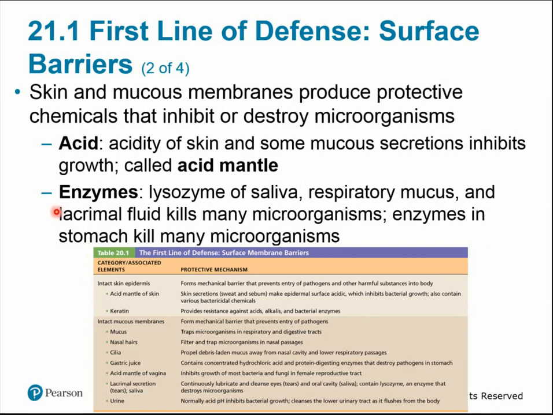Different enzymes, like lysozyme in saliva and respiratory mucus, and lacrimal fluid, your tears from your lacrimal glands, are also able to kill a lot of microorganisms. And then you have lots of enzymes and a very acidic environment in the stomach that can also kill those microorganisms.